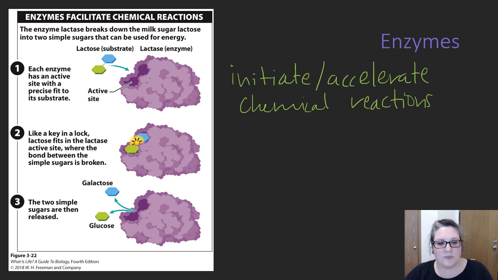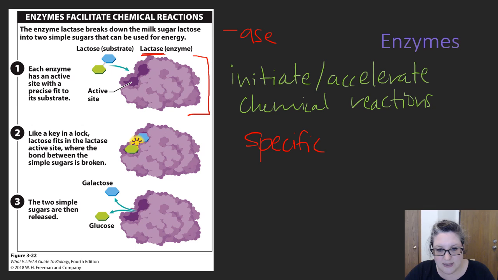But enzymes are kind of cool because they're extremely specific. And so this enzyme here, this is the lactase enzyme. If anything ends in ase, it's an enzyme: amylase, or protease, or DNase, or RNase, anything that ends with ase is an enzyme.